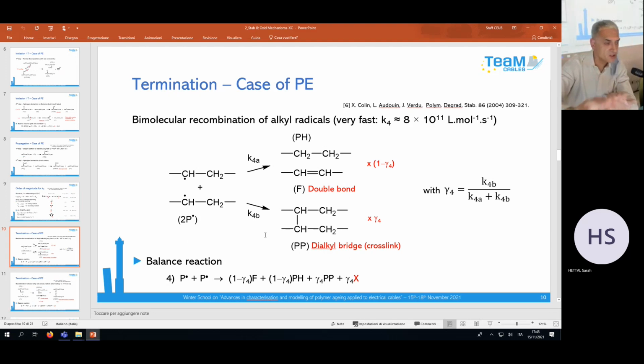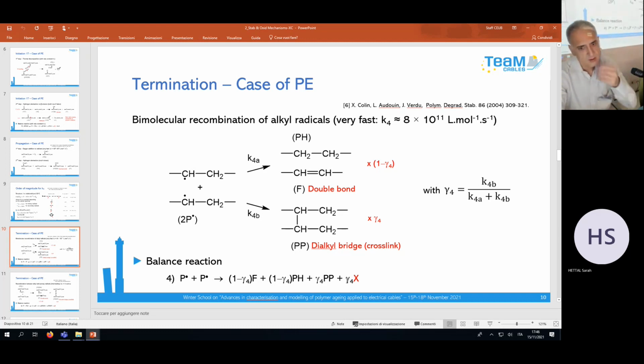For me, radiolysis is in the absence of oxygen. So you can calculate with a very simple model the radiochemical yield of double bond, the radiochemical yield of crosslink, and also you can check the radiochemical yield of radicals. In this case, if you fit all the data, you obtain a very low value of this yield. It is lower than 0.5.